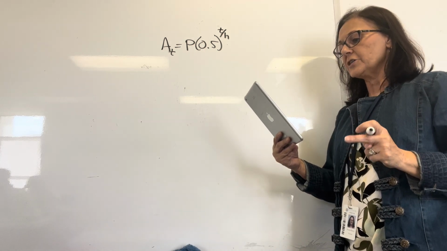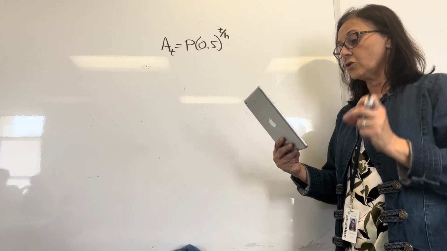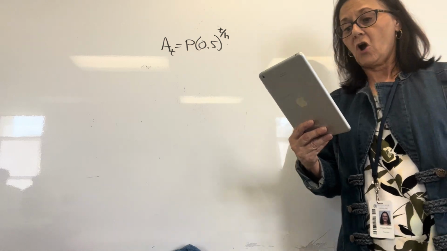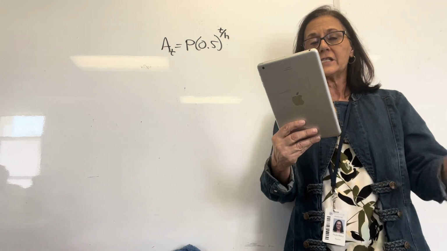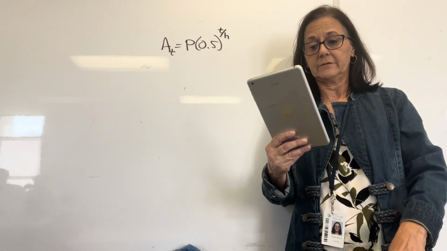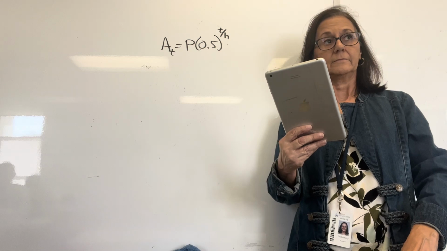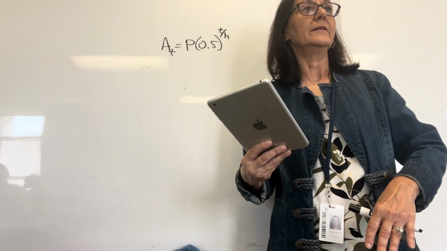An archaeologist determines that the skeleton of a mastodon has lost 64% of its carbon-14. If it's lost 64%, what percent is left? 36%. 36% of what?